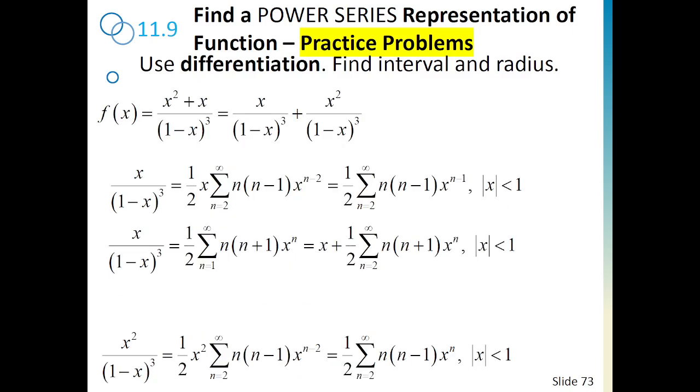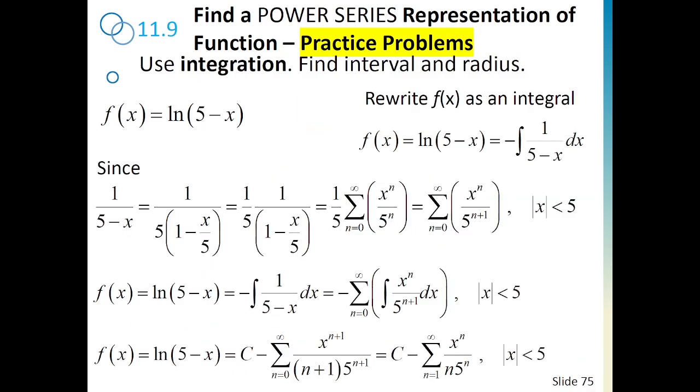So these are similar procedures, so I'll skip it. Here is one that is interesting because the constant of integration is not 0. So if I want to have a representation of this function, ln(5 minus x), in terms of a power series, well, the first thing is to remember that we have our geometric series and we need to write things in terms of the geometric series to start with.